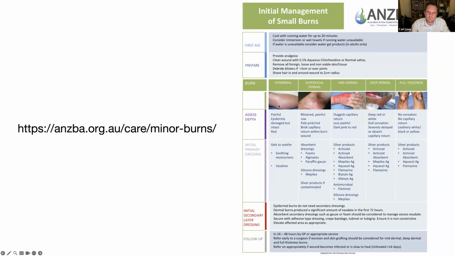So epidermal burns, moisturizer; superficial dermal burns, we use things like paraffin gauze, and the ones we have in Queensland are things like Gelinet, Xeroform, Bactigras. But as soon as you get a mid-dermal burn or a deep dermal burn or a full thickness burn, we all recommend silver products. So Acticoat, Mepilex AG, Flamazine, and there are a few other silver-based dressings as well.